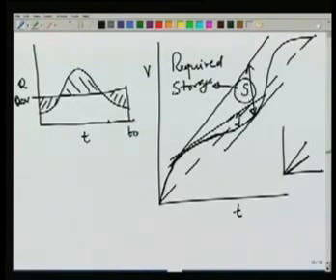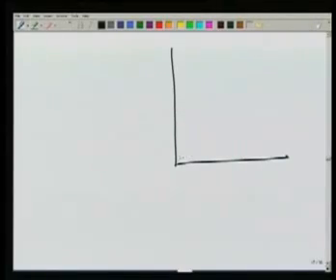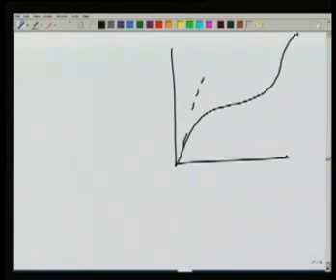Now the demand itself may be varying. So your mass curve may look like this, and the demand itself may look like this. So instead of a continuous constant demand, we say that the demand may be varying with time.